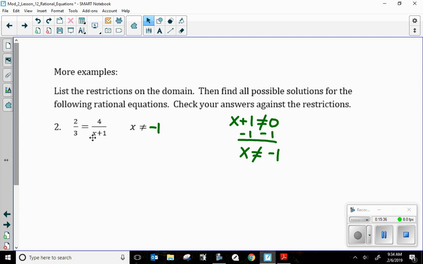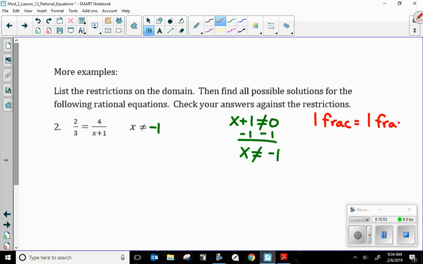All right? So I am going to show you an easier way, and some people like different ways. Okay? When you have, and here's a little special side note, when you have one fraction equal to one fraction, what I like to do is I always cross multiply.